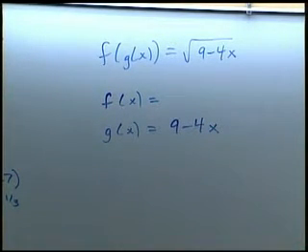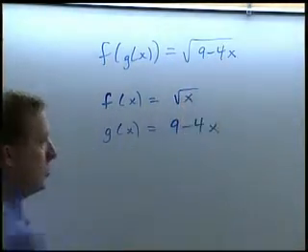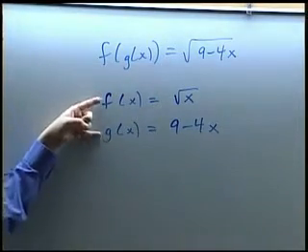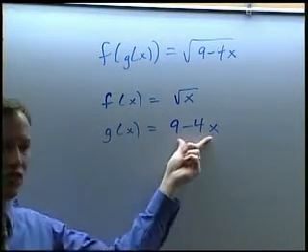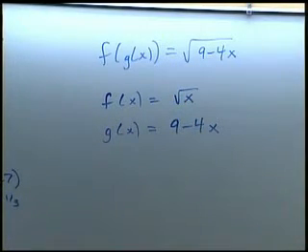What are we doing to 9 minus 4x? We're square rooting it. So the f of x on the outside function would be the square root of x. Exactly. This is something we'll have to get familiar with, and usually we won't write this down. We'll just in our mind recognize 9 minus 4x is the inner function, and then the square root is the outer function.